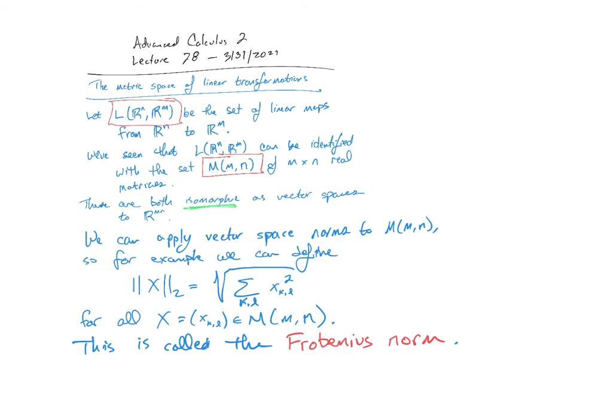Now, it's a perfectly fine norm. And we proved last lecture that all norms are equivalent, so any other norm we come up with would also be a norm on R^(mn), so it would be equivalent to this. So you might wonder, why don't we just use this norm?